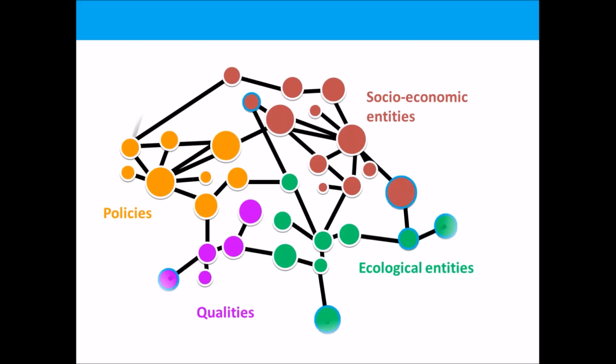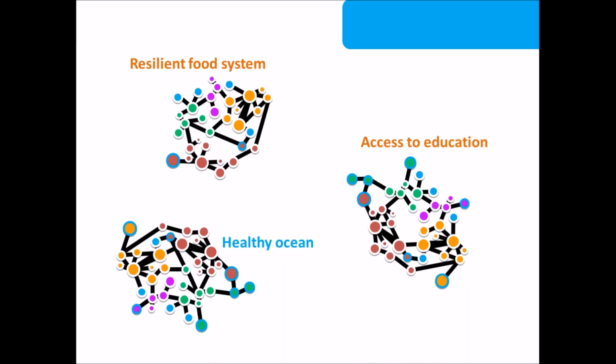And indeed, that's the nature of building a knowledge graph through an ontology. The interconnections between different domains of knowledge, here color-coded, different types of knowledge, that's part and parcel of building an ontology. They're interwoven. So you know that if you are trying to address an SDG that involves certain socioeconomic entities, you're going to be pulling resources from ecological entities, again, by that web of relations that we're constructing.